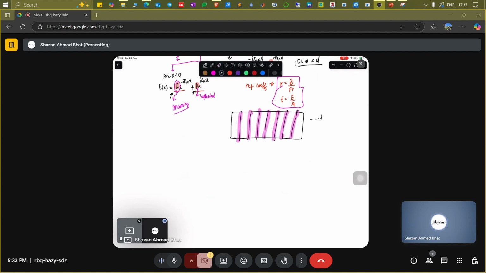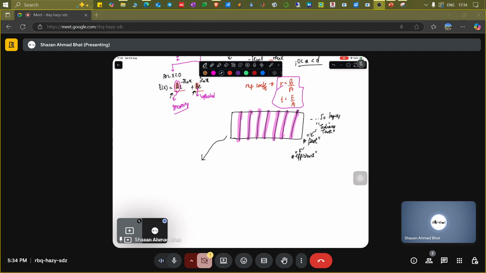And if you have some 50 layers, then it becomes a very tedious task. So you want to simplify it and speed it up so that you can solve it in an efficient manner, it should be computationally efficient also, and you should get the solution very quickly.